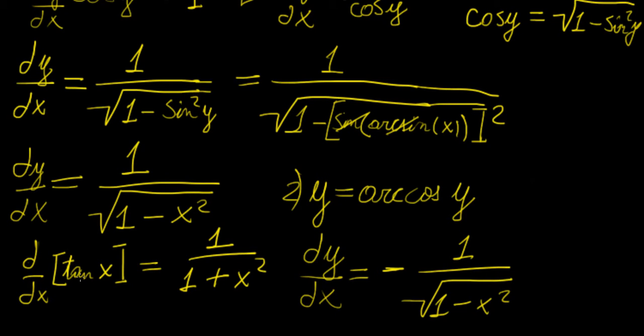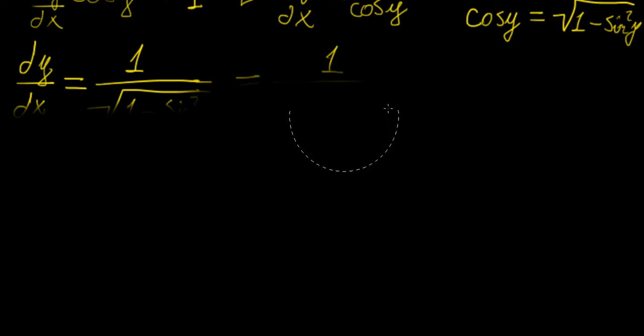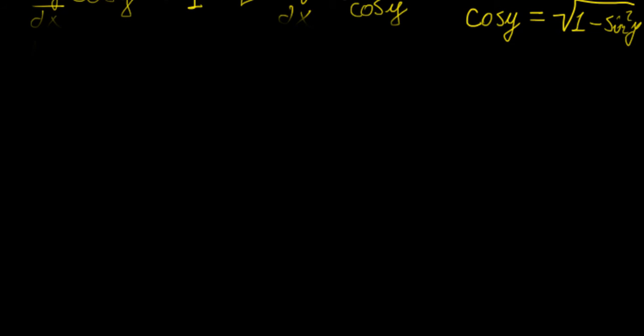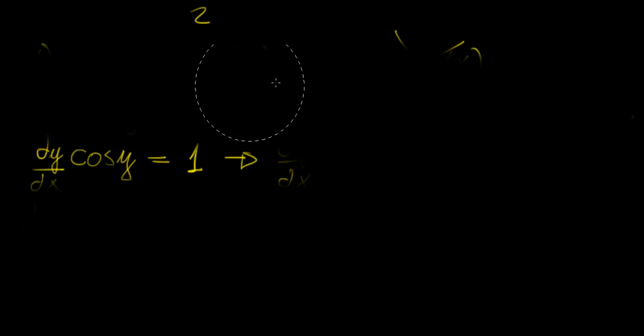So I encourage you to do this as well. And there are some tables of derivatives that I have included in the description that you can consult to find the derivative of tan in terms of x. But in the end, the general idea is that we can use this method to find expressions for those derivatives. So implicit differentiation and the chain rule play a major role in deriving these expressions.